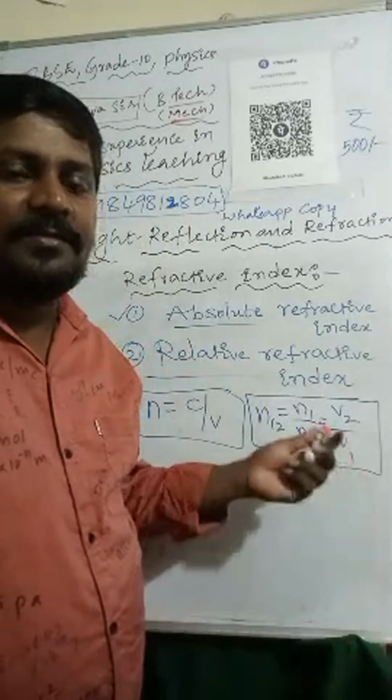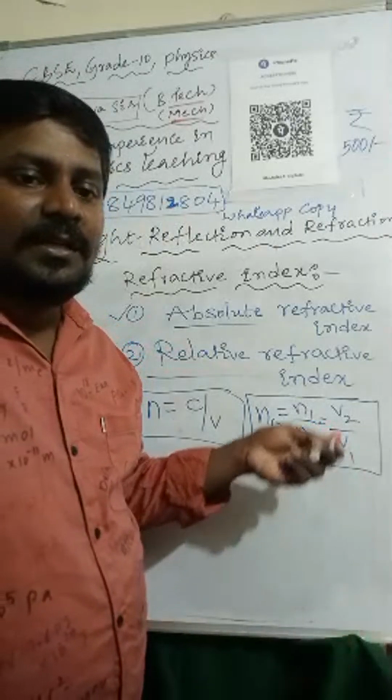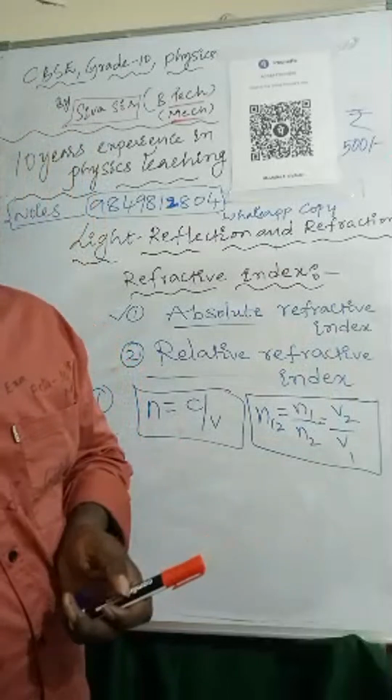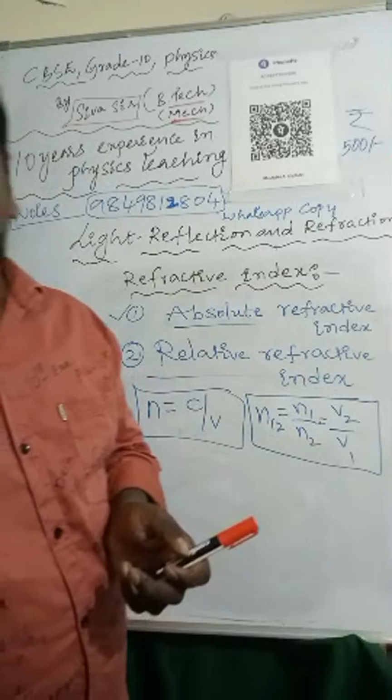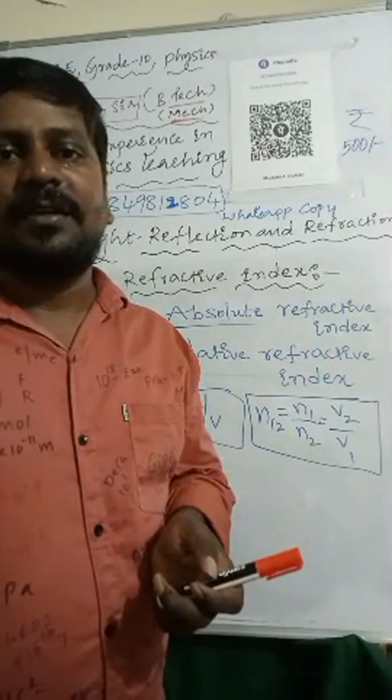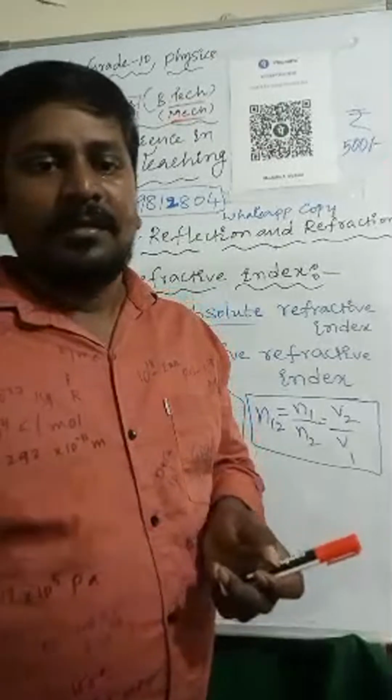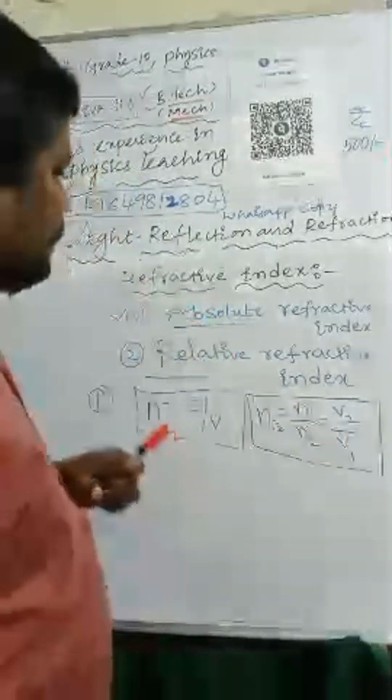Clear? Any doubts about absolute refractive index and relative refractive index? So one question I'll give related to our refractive index. Just try to solve it.